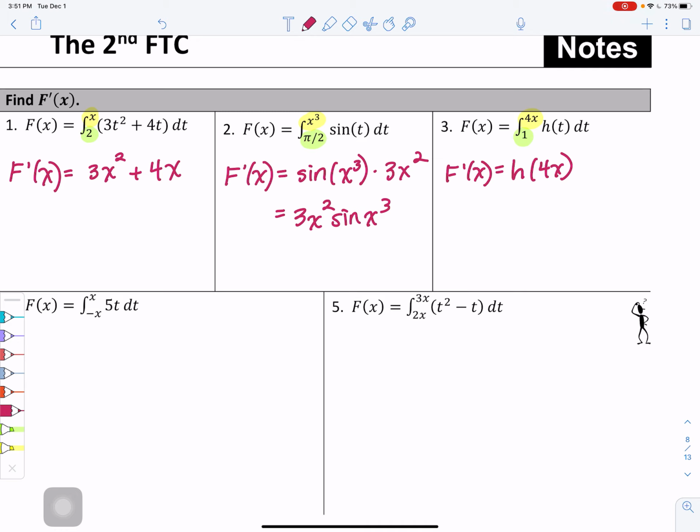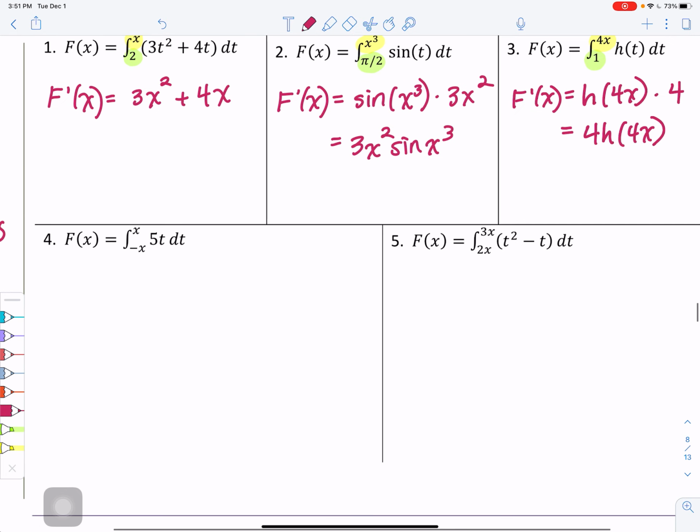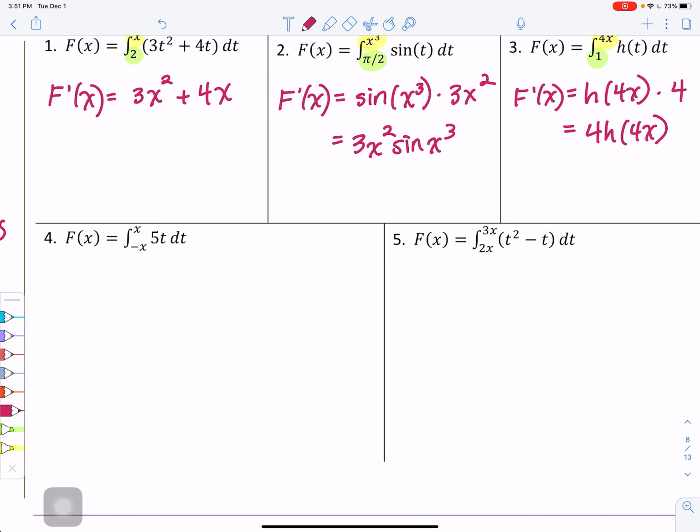So now we have h of 4x, and then multiply by the derivative of 4x, which is 4. So we have 4h of 4x. 4 times h of 4x. Okay. What's up with number 4? You guessed it. I don't see a constant as my lower limit of integration.